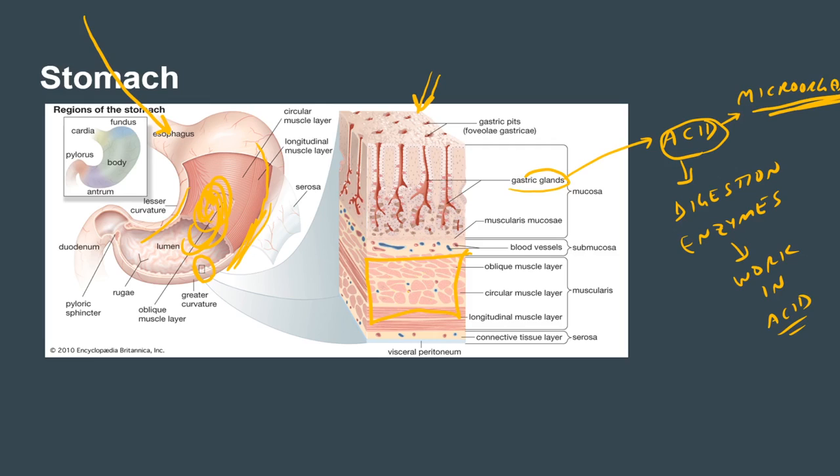There's a lot of muscle around the outsides that are helping churn things in the stomach and also moving the food down the tubes in the direction they need to go. So all these muscle layers are right there doing that job as well. So again, an intersection between the digestive system and the muscular system, because you do need to move all that food through from mouth to the end. All right.